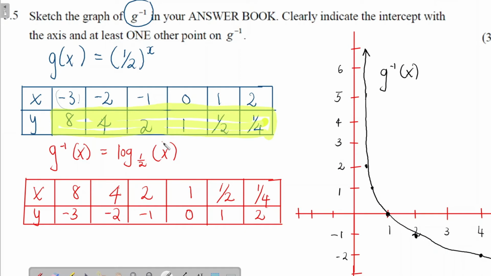It's basically easier, in this case, to just draw a table for your original g of x function. Get the x coordinates, get the y coordinates, right? To get your x coordinates, you just write down any values of your x, and then to get the y coordinates, you punch those values into your calculator, and then you'll be able to get your y values.